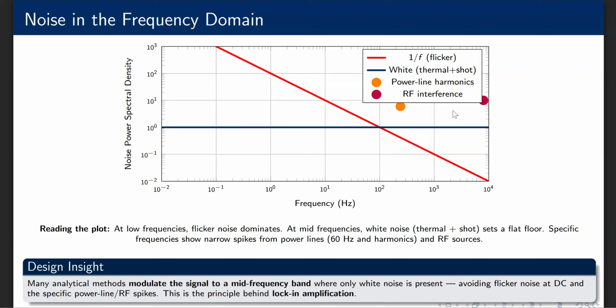The design insight at the bottom gives us something powerful. Many analytical methods deliberately modulate the signal into a mid-frequency band where only white noise is present. They then avoid the low-frequency region where flicker dominates, and they avoid the specific frequencies of power lines and RF. And this is the entire philosophy behind lock-in amplification, which we'll cover shortly.